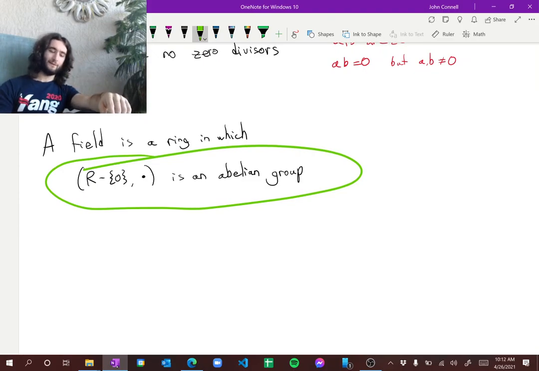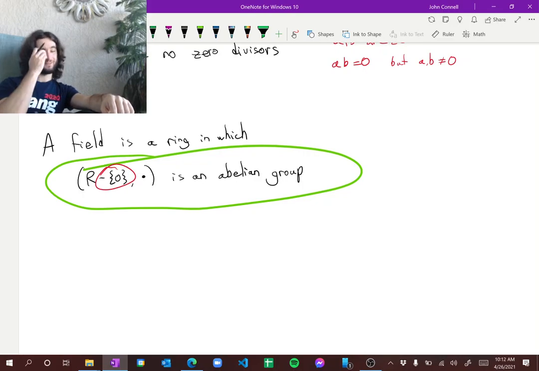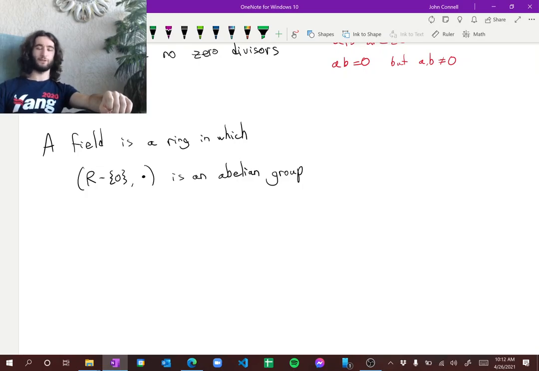Now there's a slight caveat, which is that you have to exclude the additive identity. Whatever that 0 was from your first operation, you can't include it because that one's not going to have a multiplicative inverse. But besides that one, if everybody else has a multiplicative inverse, and this set is now an abelian group as well, then that's what you call a field.